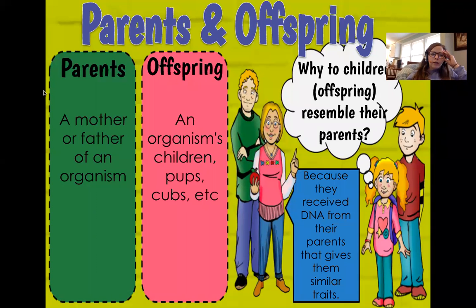Jacaden, which parts do you not see in the notes? Here's the last part, that they receive DNA from their parents that give them similar traits. Okay, so go ahead and take your screenshot so that you can add this, because you will be turning this in for a grade.